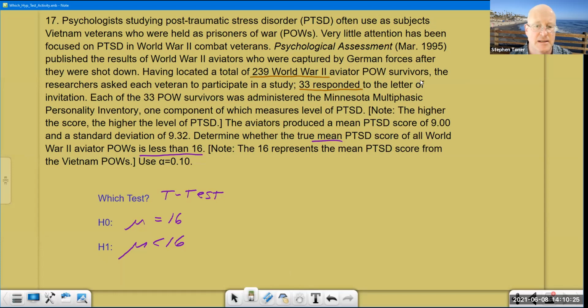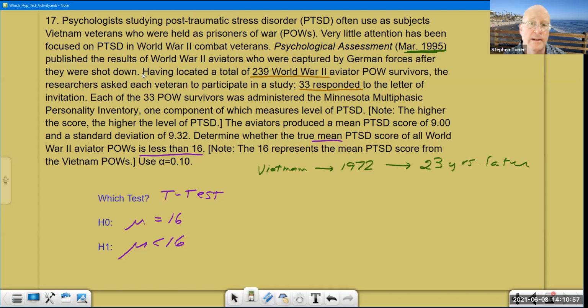The second thing is, let's take a look at the Vietnam War. It ended in approximately 1972, 73-ish, somewhere in there. And this article didn't come out until 1995. So we're talking about 23 years after the war was over.